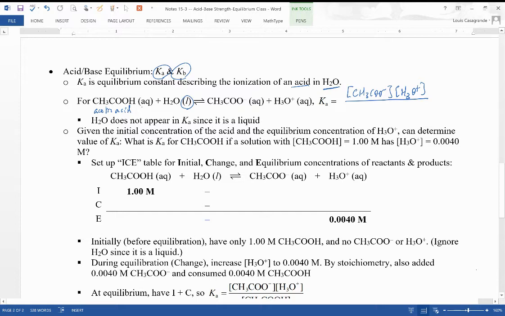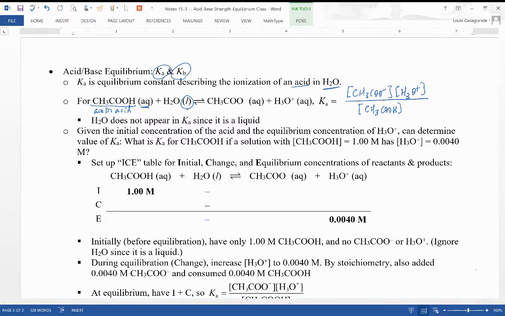But even though the acetic acid doesn't break up, it is still aqueous. It's a polar covalent compound, so it does dissolve in water, and so that has a concentration that we need to take into account. Undissociated, but still dissolved.